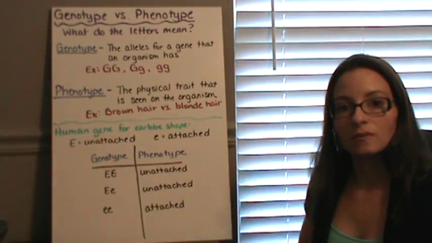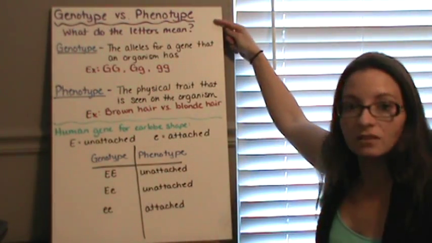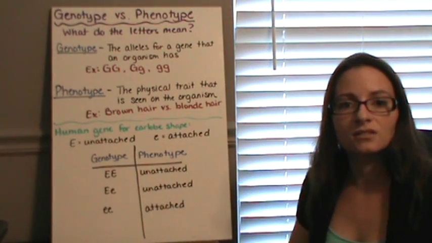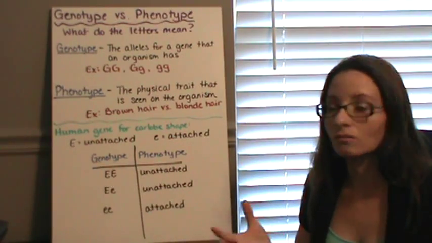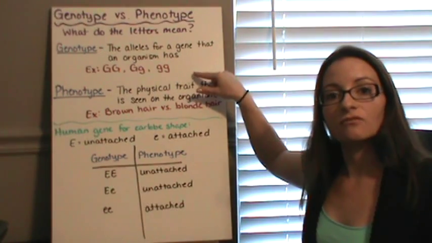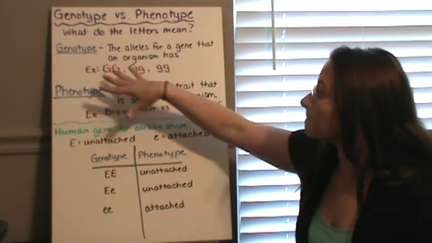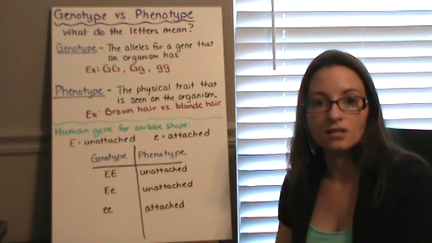So the big key terms for today are genotype and phenotype. What do the letters mean if we have big G, little g, or whatever it is? The letters actually stand for the genotype. The genotype is the two alleles that you carry, and we use those letters to represent it.